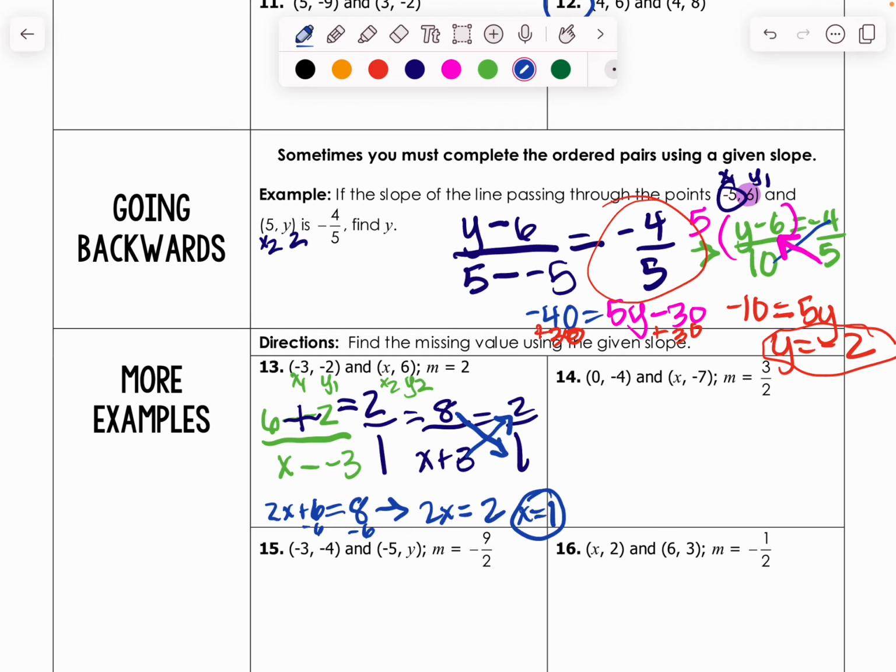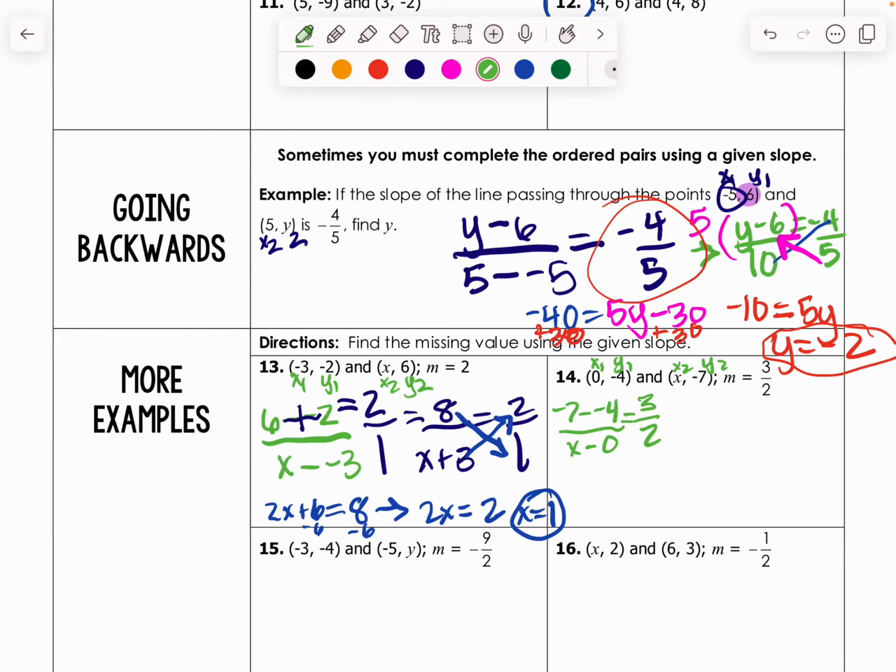Number 14 equals 3 over 2. x1, y1, x2, y2, -7 minus a -4, all over x minus 0.